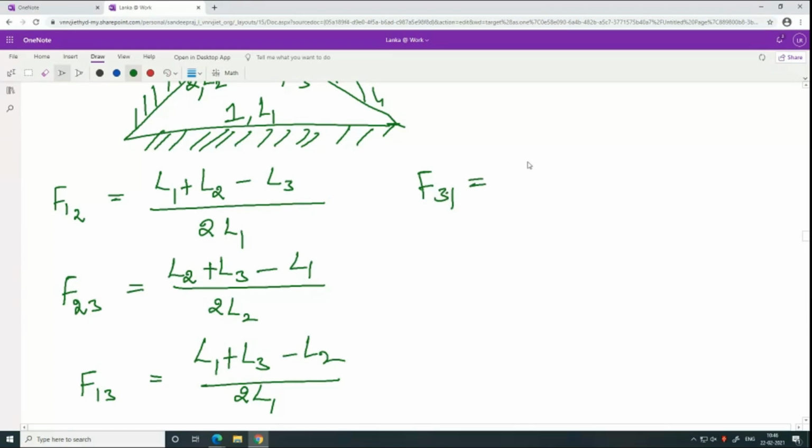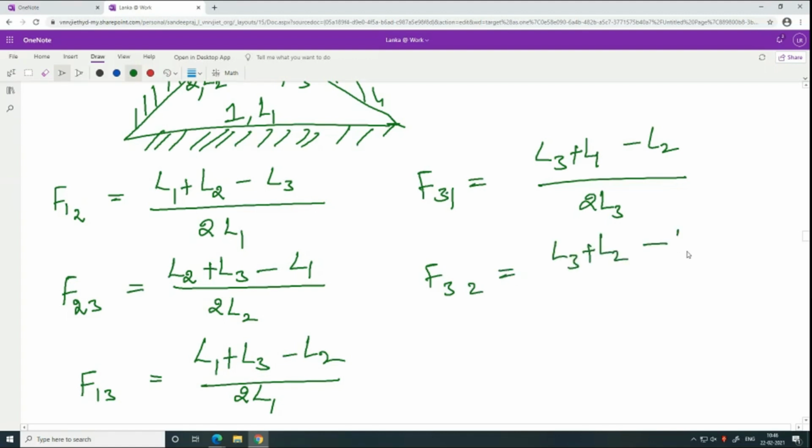Also, I can write it for F31. Quickly write it for yourself. It is L3 plus L1 minus L2 by 2L3. F32 I can write: this is equal to L3 plus L2 minus L1 by 2L3.